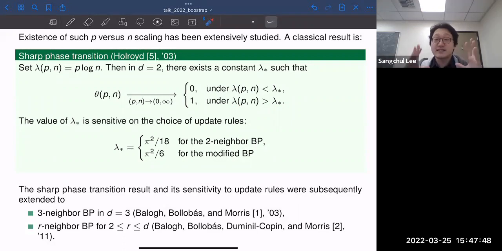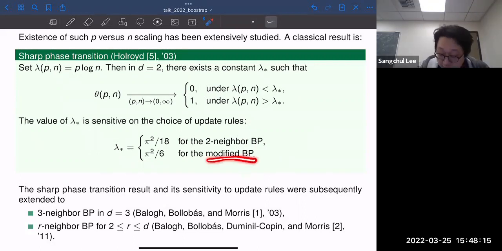Actually, the constant is even computed very explicitly. It turns out to be very sensitive to the choice of update rule. For example, in the case of two-neighbor bootstrap percolation, this lambda star turns out to be pi squared over 18, which is actually one third of zeta 2. The computation does involve zeta 2 for some very strange reason.